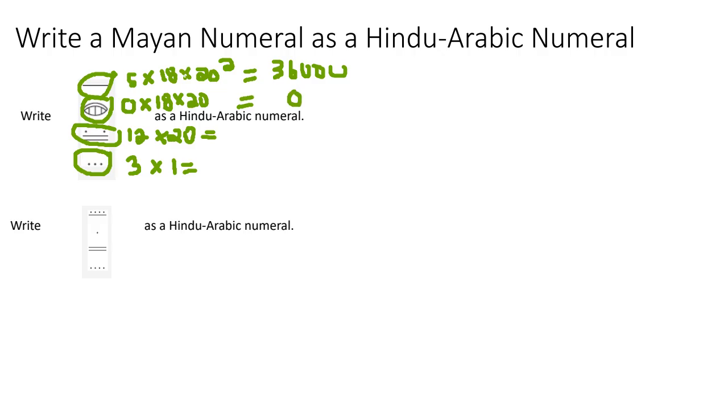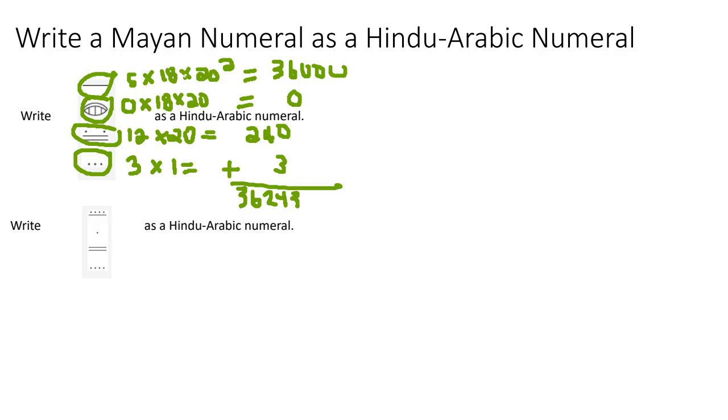And then if we go on to the next one, we get 240. And then 3 times 1 is 3. So to get your answer, you're going to add all these four numbers. So we get 36,243.